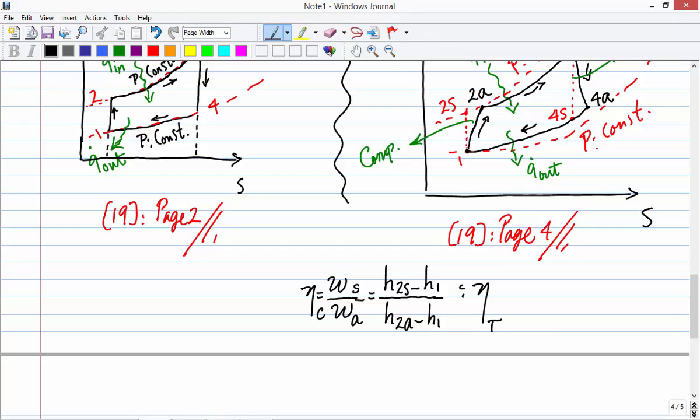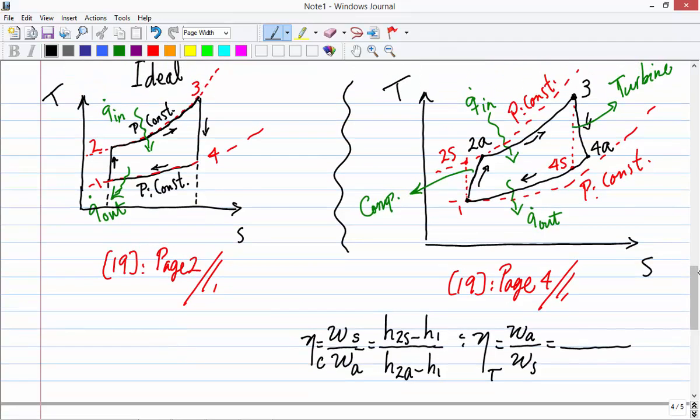And then the efficiency of the turbine would be, now a better turbine in an ideal world gives us more work, so it's going to be larger than an actual one, so it goes in the numerator: Ws divided by Wa equals, so in the actual process 3 to 4A, that would be H4A minus H3.